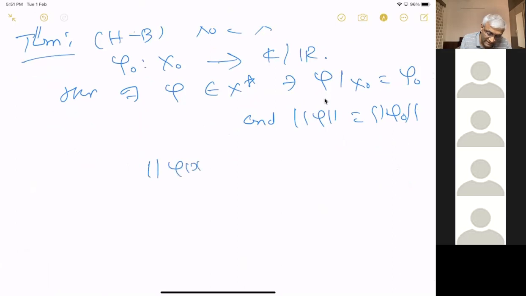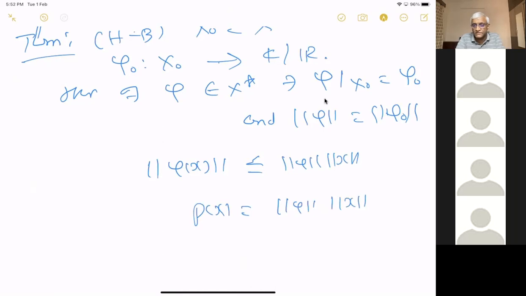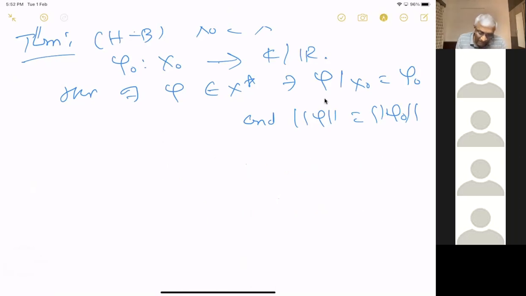Phi of x is less than or equal to norm phi times norm x. So P of x equals norm phi times norm x. This is the Minkowski functional. Any positive constant times norm x is a Minkowski functional. So we will use this for the real case, since any complex normed linear space is also a real normed linear space. We will use that fact.